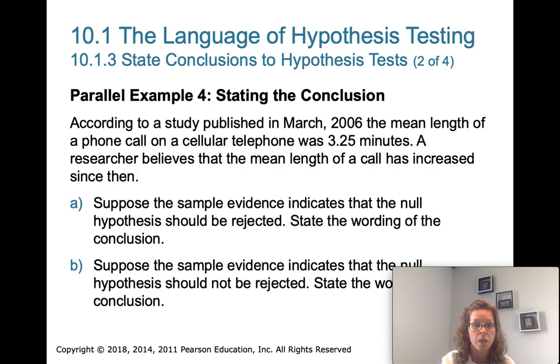Okay, so according to the study, the mean length of a phone call was 3.25 minutes. The researcher believes that the mean length has increased since then. So we're going to suppose that our sample evidence indicates that the null hypothesis should be rejected.